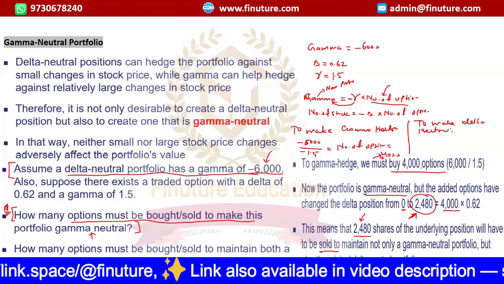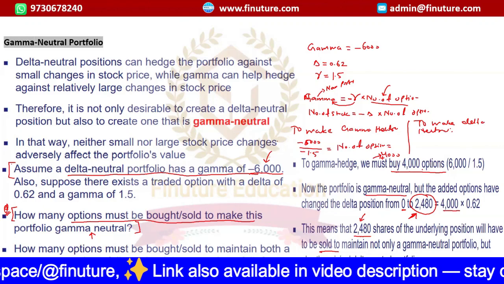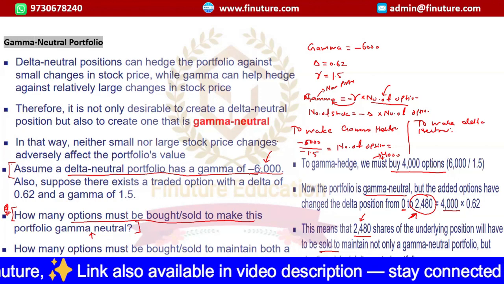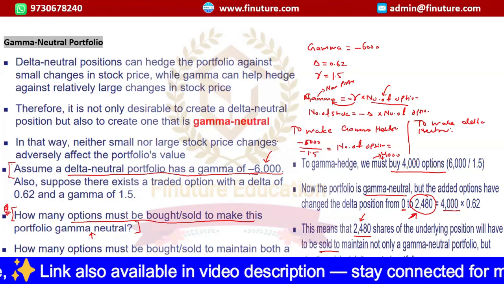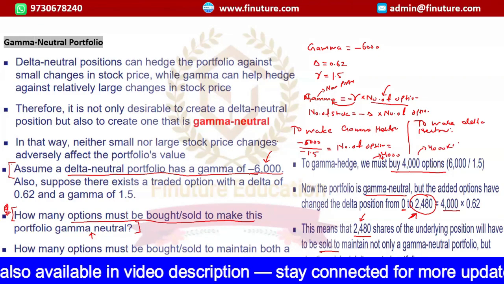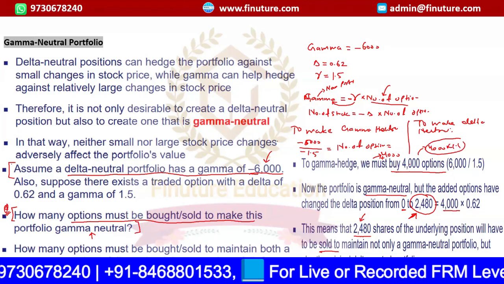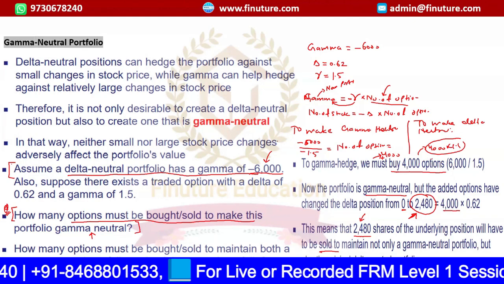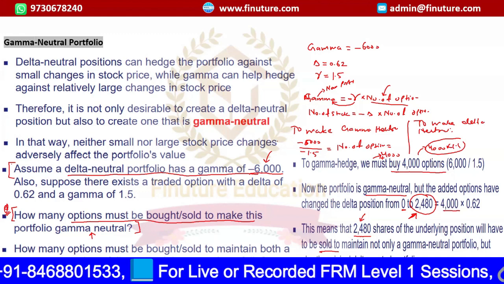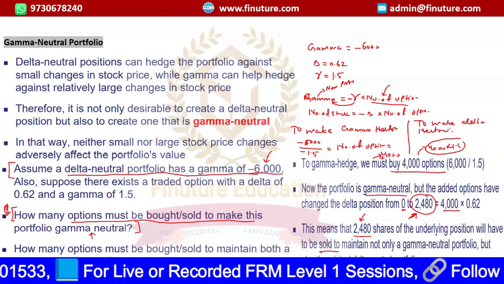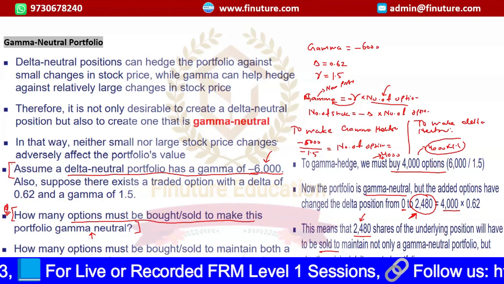If you add these many options, the minus 6,000 will get offset by the new gamma, that is 4,000 into 1.5. So the gamma of that option portfolio is 6,000, which will offset the minus 6,000 of your original portfolio.